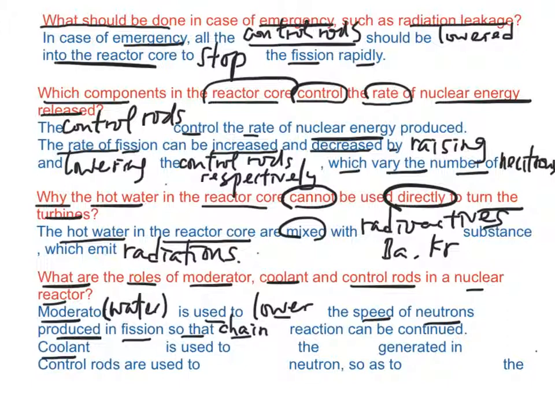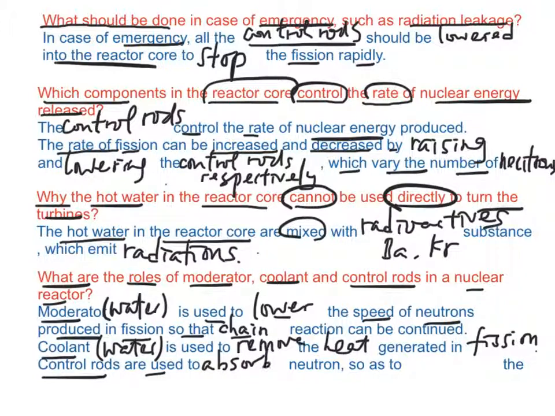The coolant, again we use water, is used to remove or absorb the heat generated in fission. And the control rods are used to absorb neutrons so as to control or adjust the rate of energy produced.